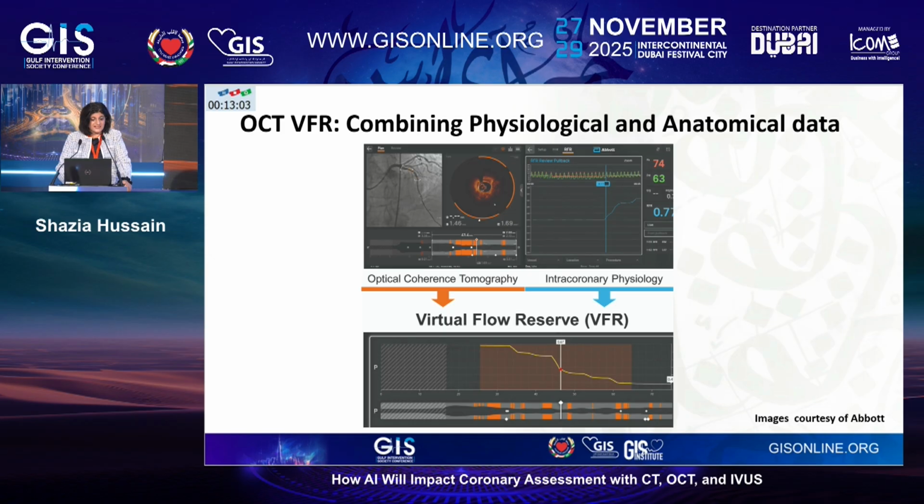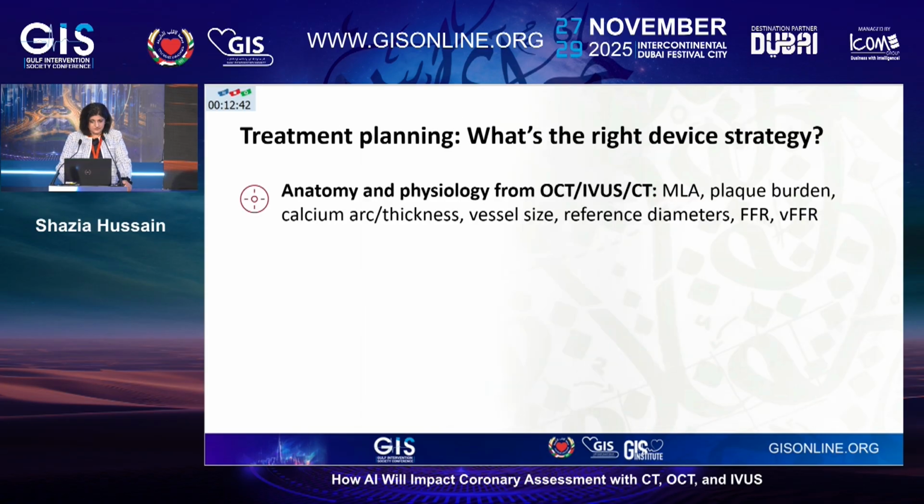So this is OCT VFR. This does not need a separate pressure wire assessment. This just takes the anatomical data and gives you an FFR, and you can see a 0.67. So that's important both for procedural planning, strategy.